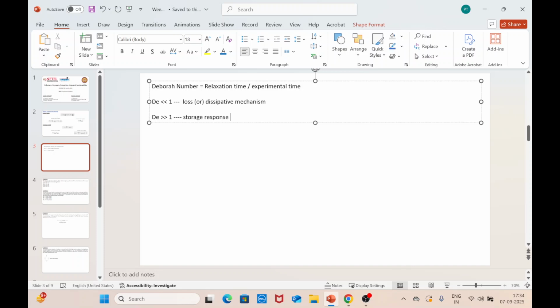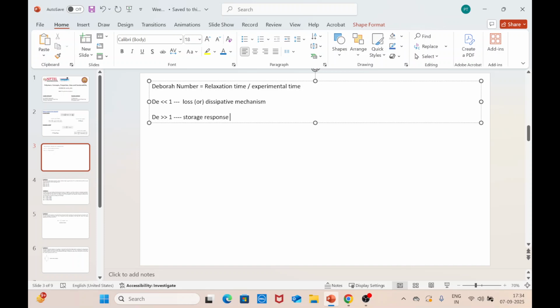Whereas in case of a storage response, the Deborah number is much greater than 1. That typically represents the fact that relaxation time is going to be much greater than the experimental time. What that actually means is the relaxation process is going to be very slow.